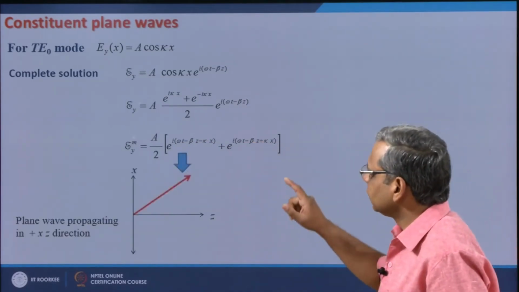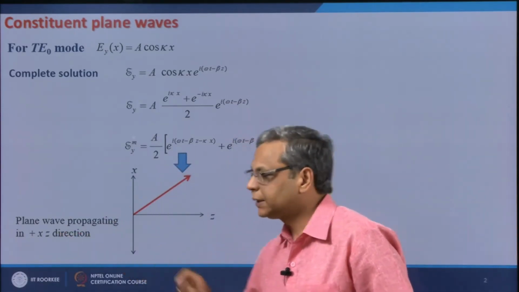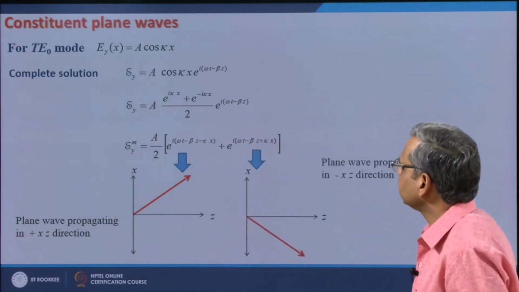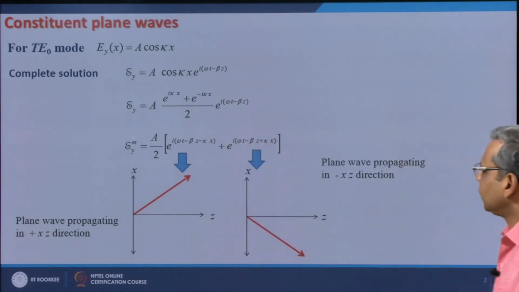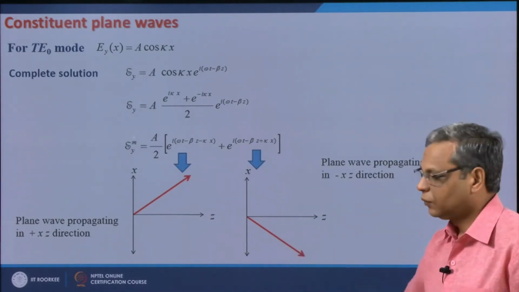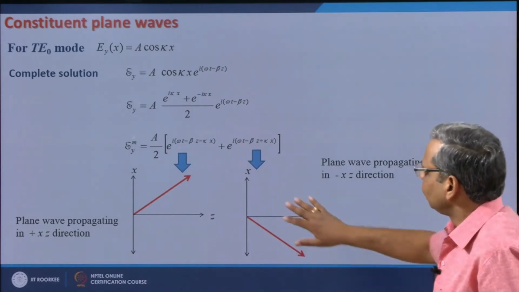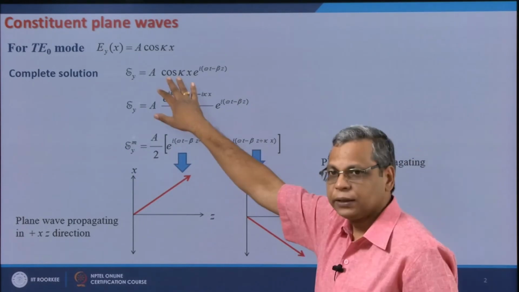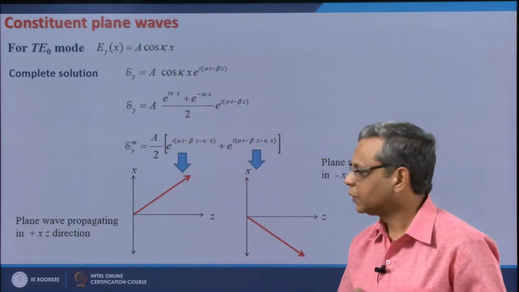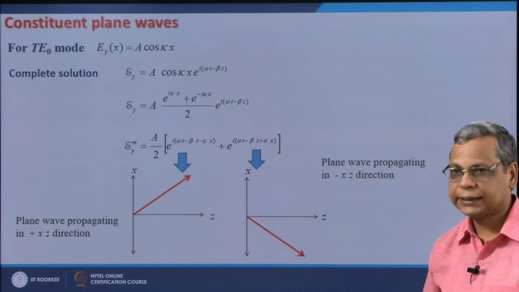So, this is nothing but a plane wave propagating in the plus xz direction making a certain angle with the z axis, and this is another plane wave propagating in the minus xz direction making a certain angle from the z axis. So, this field comes out to be the superposition of two plane waves, one going in the plus xz direction, another going in the minus xz direction.